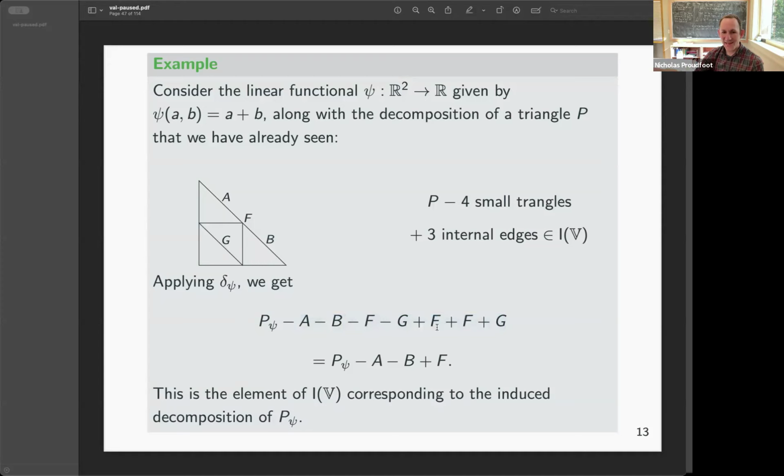And now you see the three copies of F cancel into one copy of F, and the two copies of G cancel completely, and you just get P psi minus A minus B plus F.